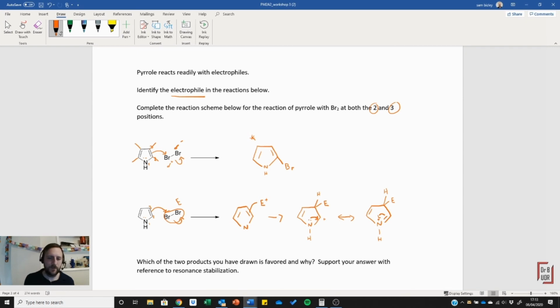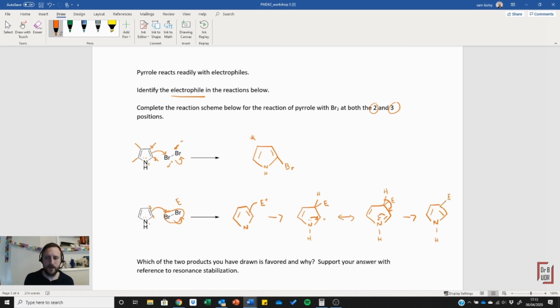And what actually happens to make our end product is the electrons from our bond up here get drawn back in, and that's what gives us our final product that we have over here.